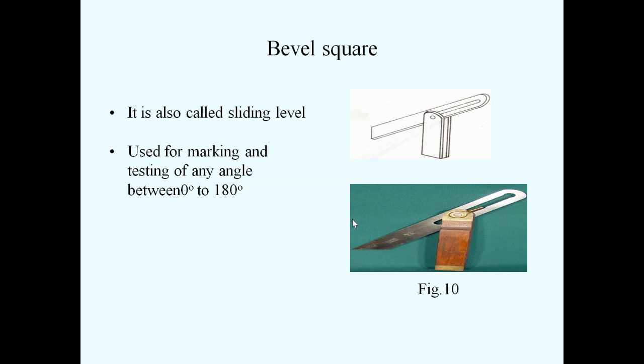This bevel square is used for marking and testing any angles between 0 and 180 degrees, so we can mark and test the surface at an angle between 0 and 180 degrees.